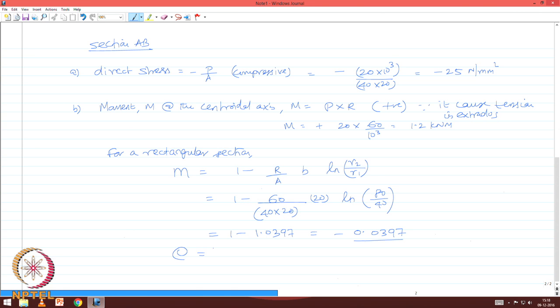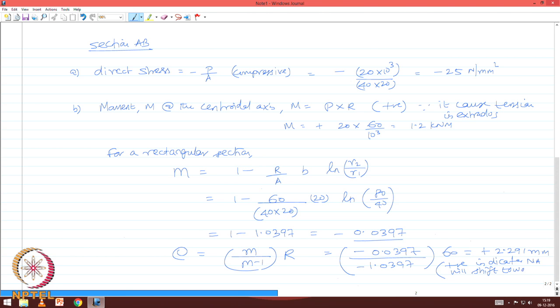The eccentricity E is m by m minus 1 into R. So, 1.0397 by 0.0397 multiplied by 60, which is plus 2.291 millimeter, which indicates that positive means the neutral axis will shift towards the center of curvature.